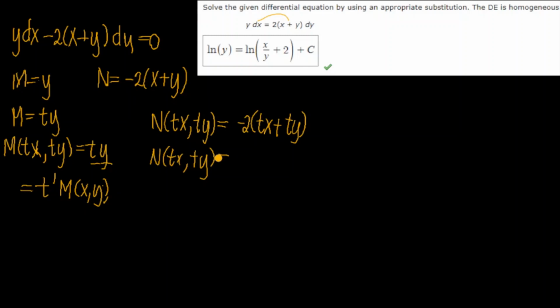Factoring out the t, we have t, and we're left with negative 2 times x plus y, which is just N. So we have already expressed N of tx, ty as t to the alpha times N of x and y. This means both M and N are homogeneous.